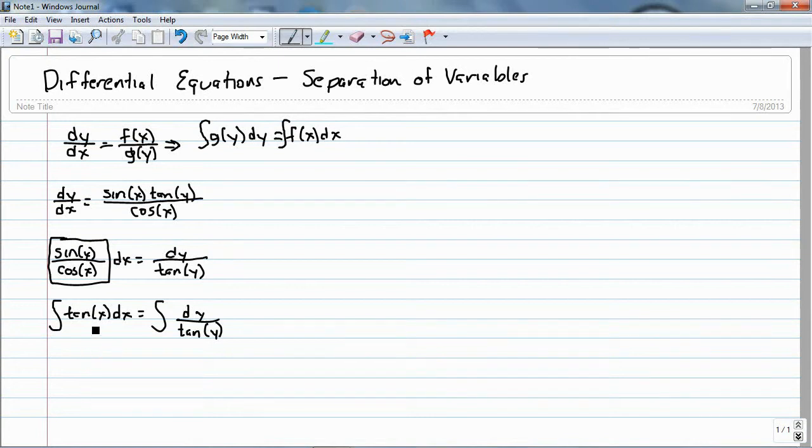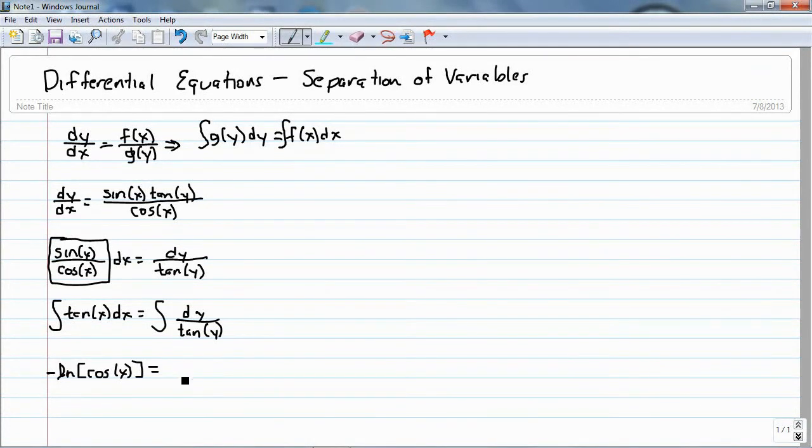Now I can look these integrals up in the integration table, and I'm going to find that this is the negative natural log of cosine of x. And we could have actually gotten this through substitution if we wanted to do that.